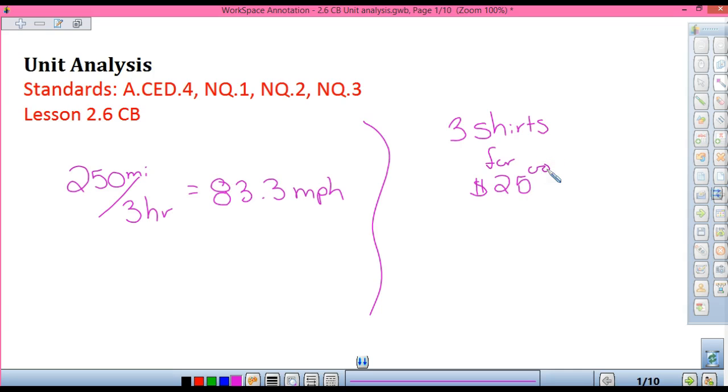What would we have to do to get dollars per shirt? Divide what? Yeah, we got to go $25 per the number of shirts. So $8.30 per shirt? Yeah, that's a heck of a deal. I'd go to that sale.